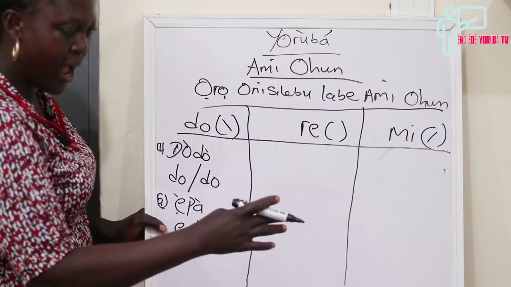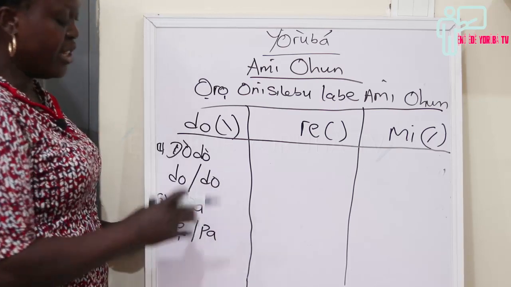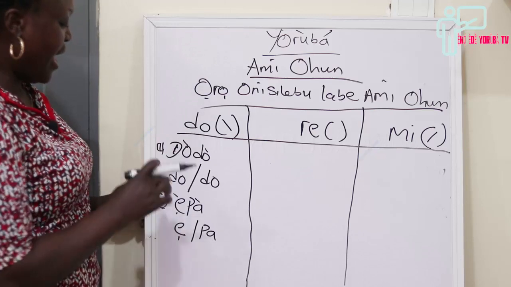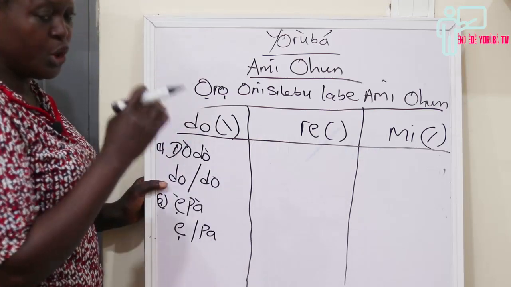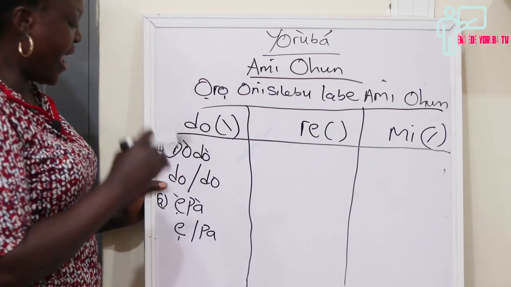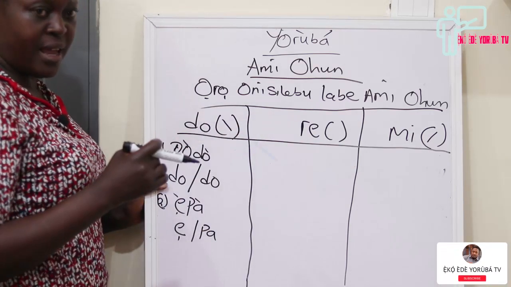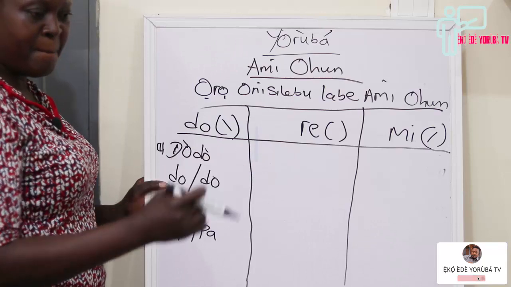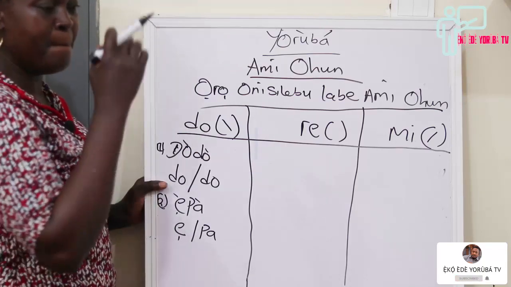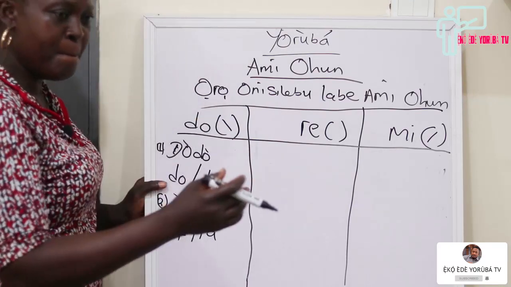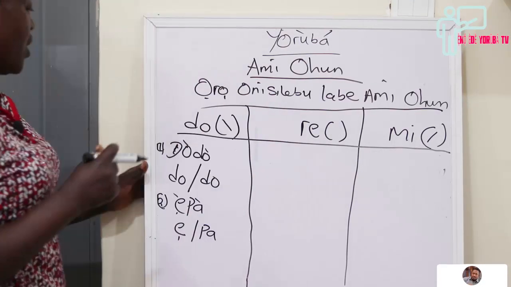Epa is two syllables, which is Oro Onisilebu Meji. Epa. Do. Call it inside. Epa.